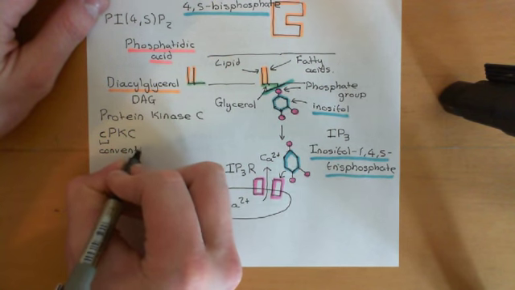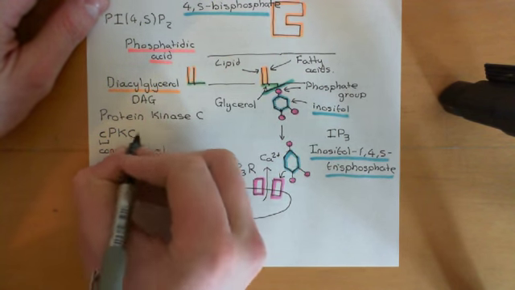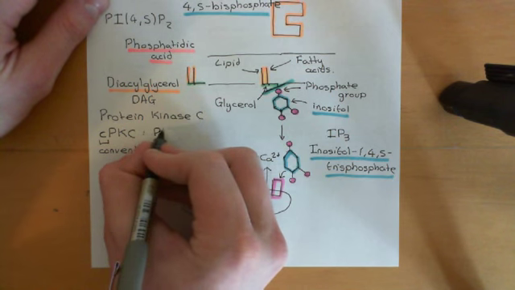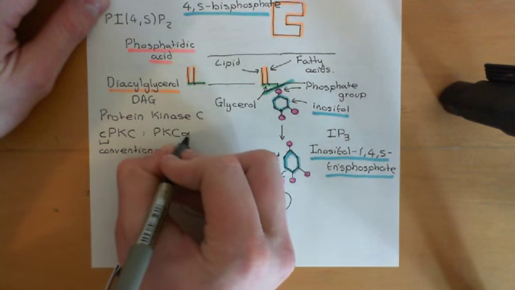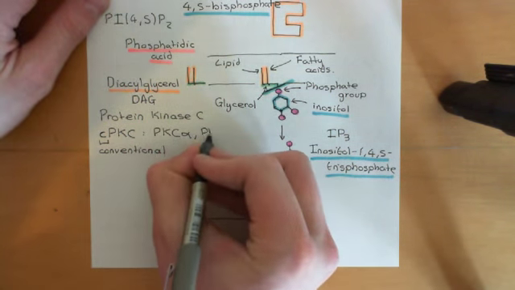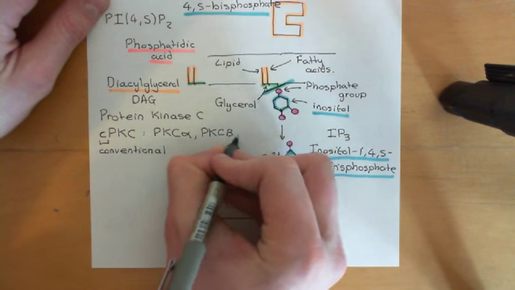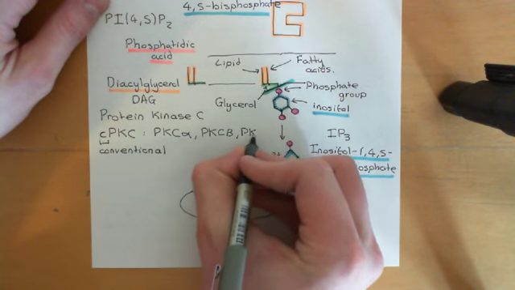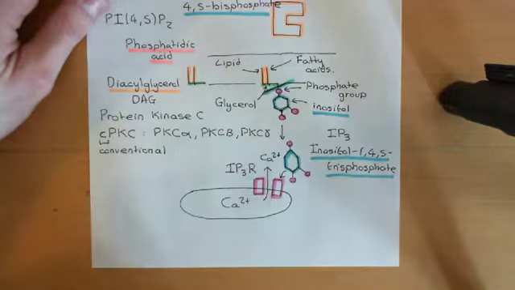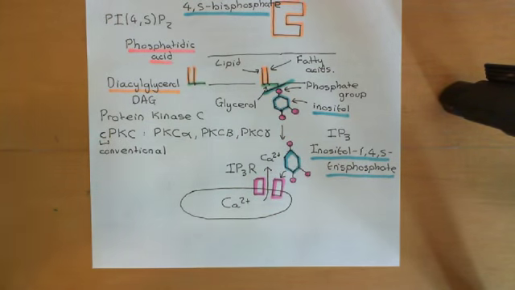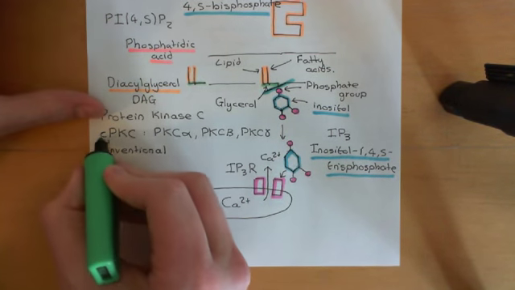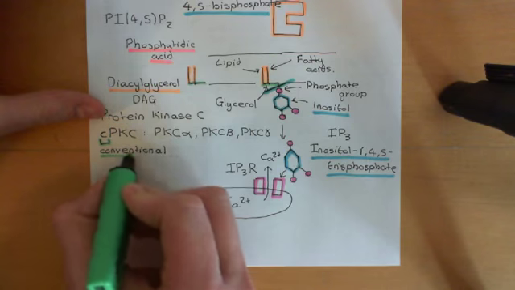These are the main ones. So these include three different enzymes: protein kinase C alpha, protein kinase C beta, and then protein kinase C gamma. So those are the three types which are the conventional protein kinases.